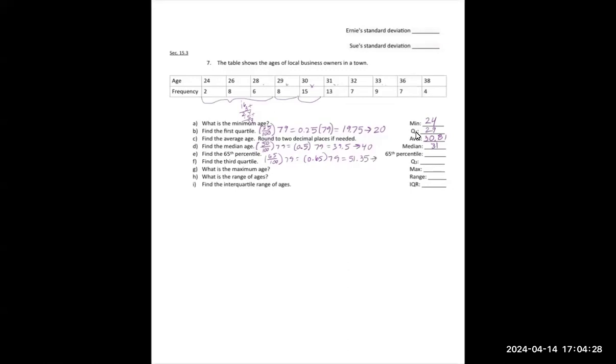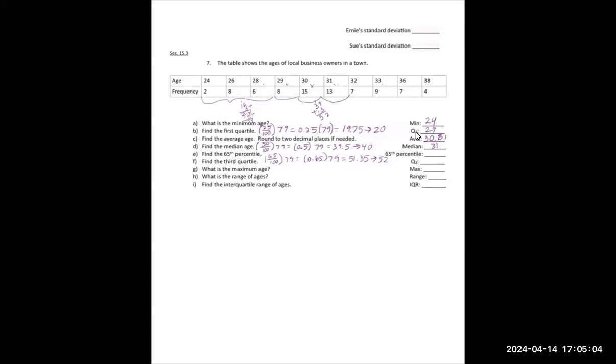And that is going to round to 52. So we need to find the 52nd person in line. We just found out that all the people aged between 24 and 30, those were the first people in line, they added up to 39. You can barely see it down there, but it's 39. So if I add another 13 to that to include these people, that would be 52.